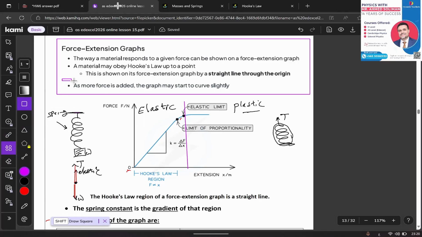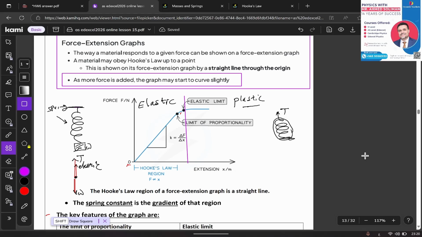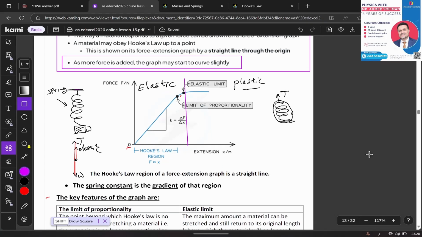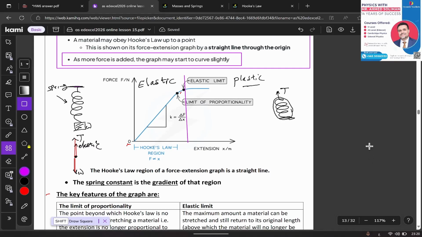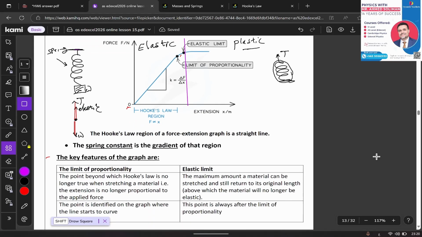Now, as more force is added, the graph may start to curve slightly. It happens after or beyond the limit of proportionality. So if he asks you to draw a spring that obeys Hooke's law, you have to start from the origin point if you have a force extension diagram, and also it must be a straight line.